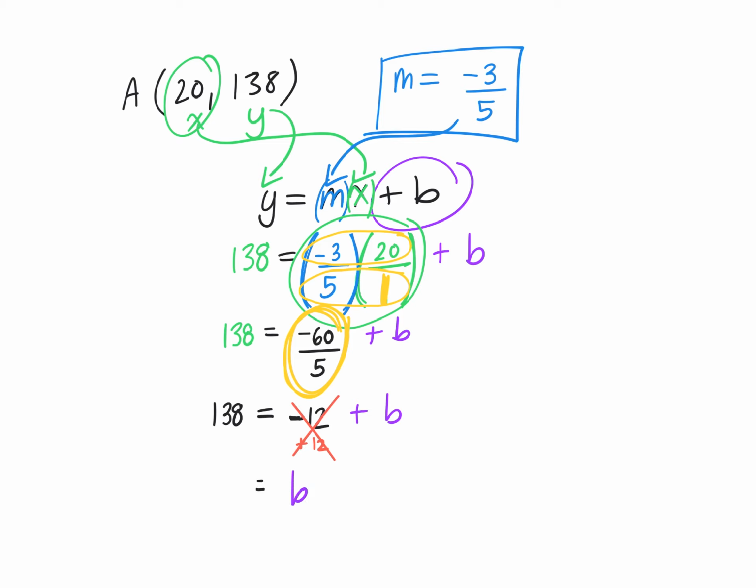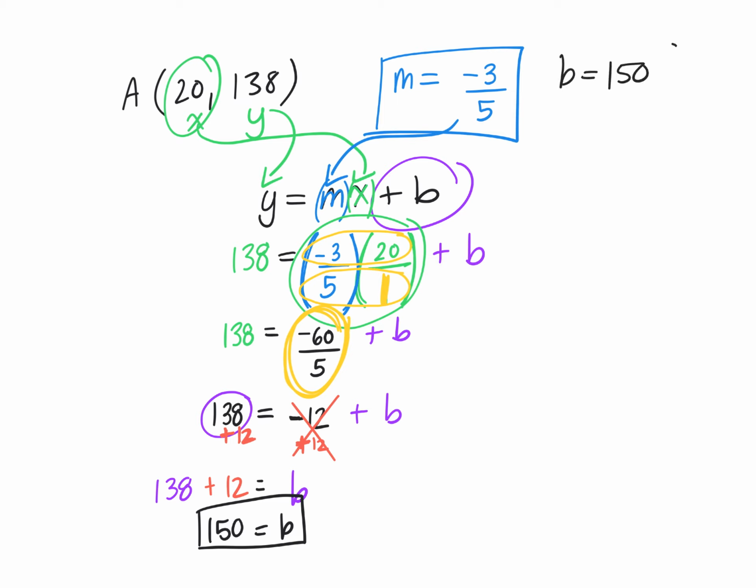I'm trying to get b all by itself. But I had this 138 on the left side. I have to add 12 to that as well, because if I add 12 on the right side, I have to add 12 on the left side. Okay, what's 138 plus 12? 150 equals b. So b equals 150.